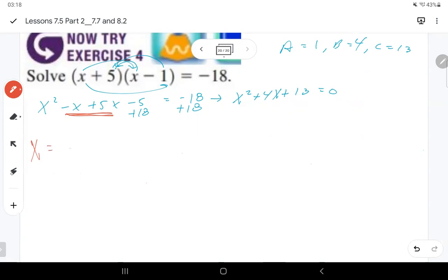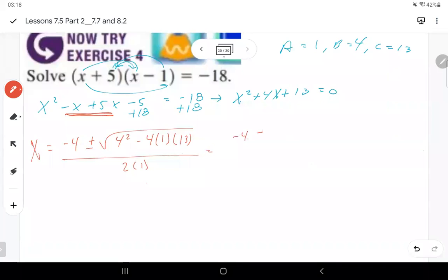We have -4 plus or minus the square root of 4 squared minus 4 times a times c, all over 2 times a.